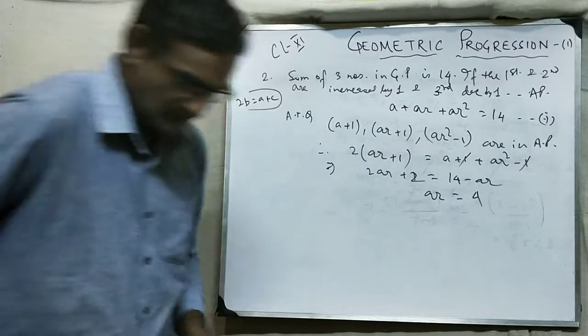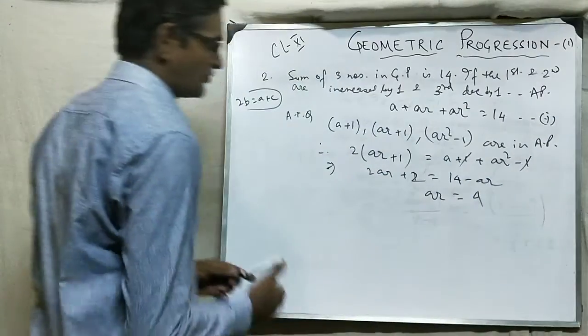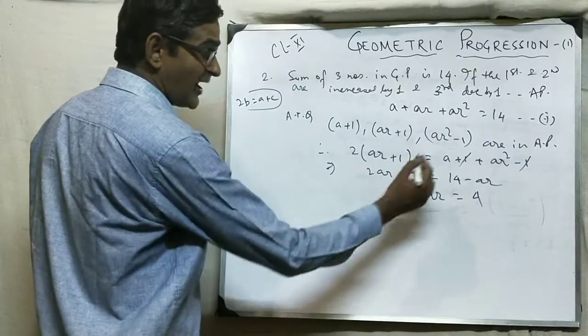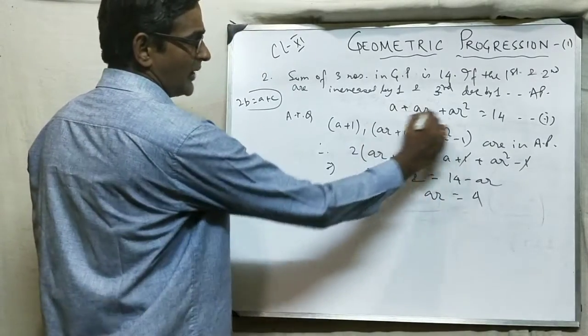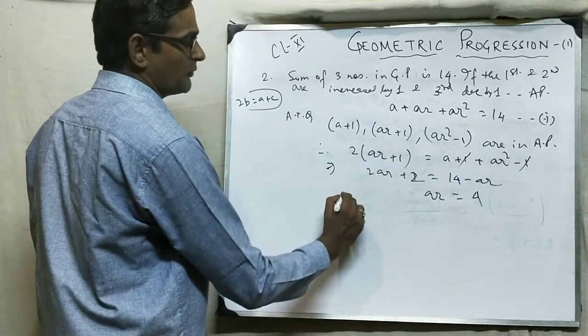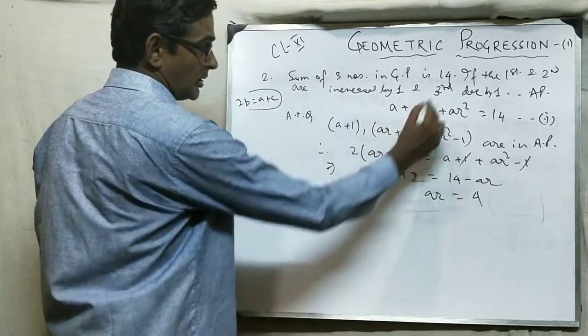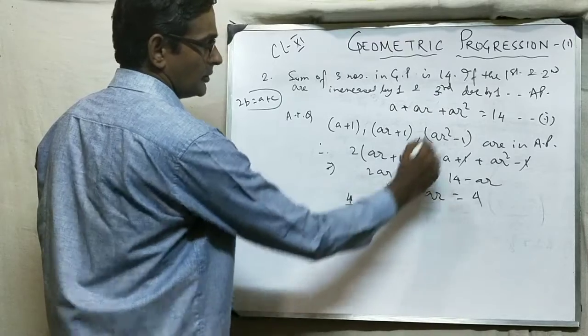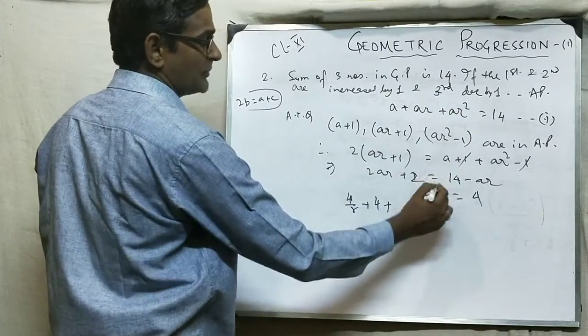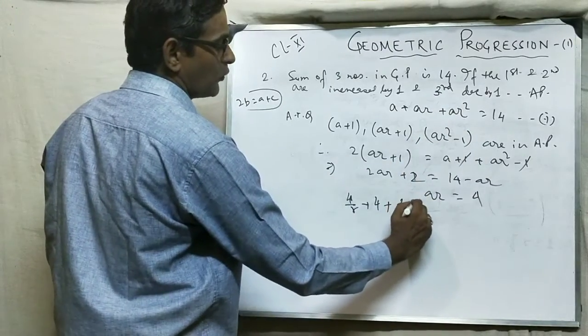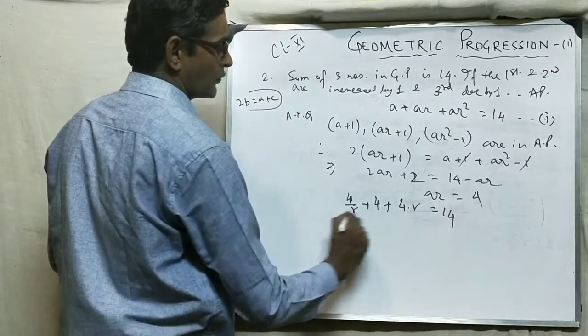Okay. Now see, if AR is 4, now put this value here. From equation 1, what is A? 4 by R. What is AR? 4. What is AR squared? AR into R means 4 into R. So 4 by R plus 4 plus 4R is equal to 14.